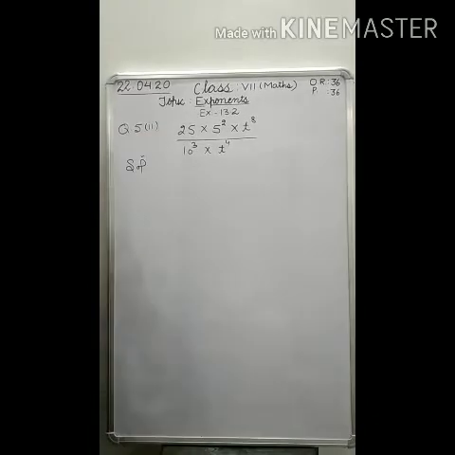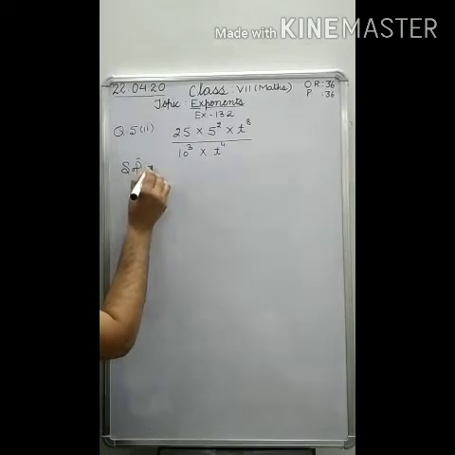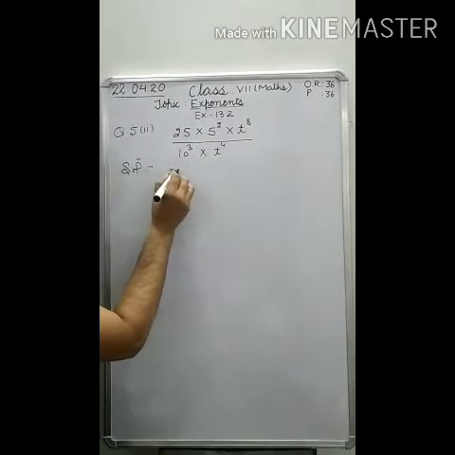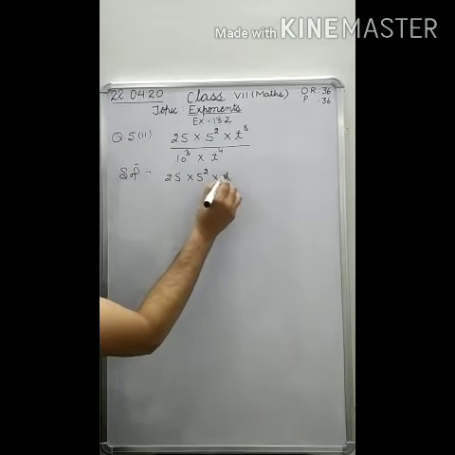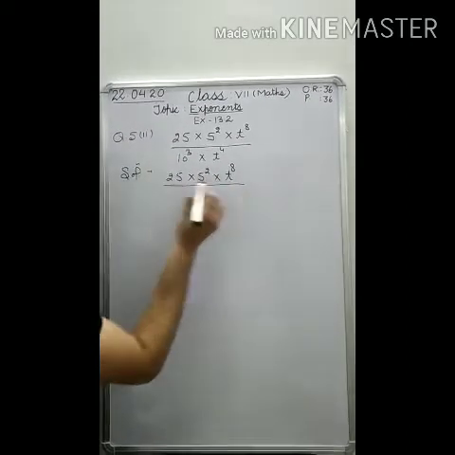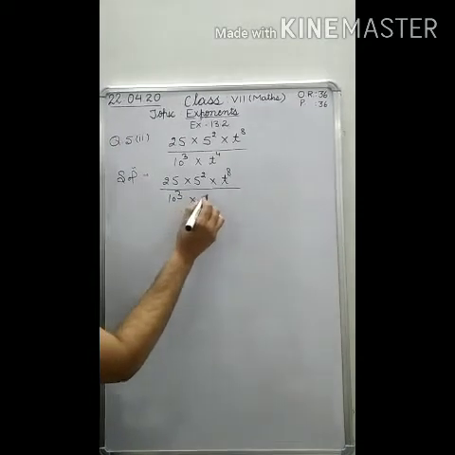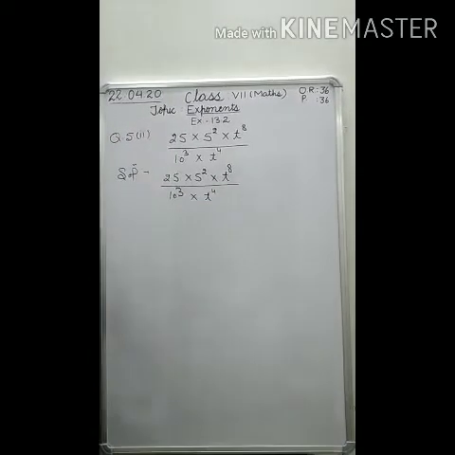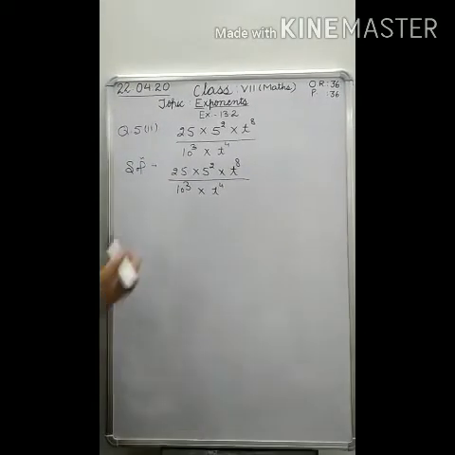So 25 can be written as, first of all write down the same: 25 into 5 square into t raised to the power 8 upon 10 raised to the power 3 into t raised to the power 4. First of all, convert this composite number into prime.